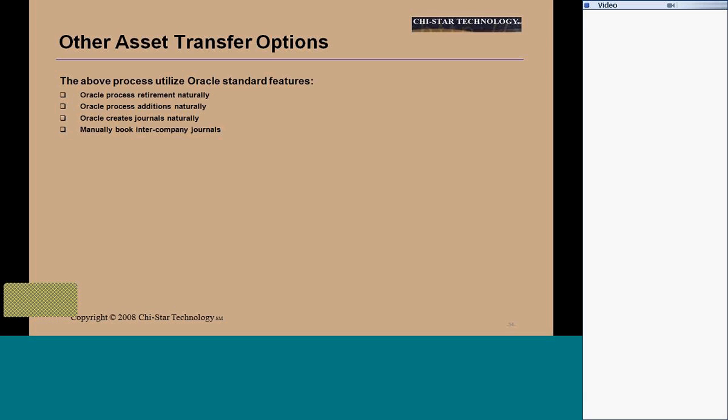When we talk about these transfer options, we are utilizing Oracle's standard process for retirement, for additions, and for creating journal entries. The only bit that is not a standard feature of Oracle is your intercompany journals.